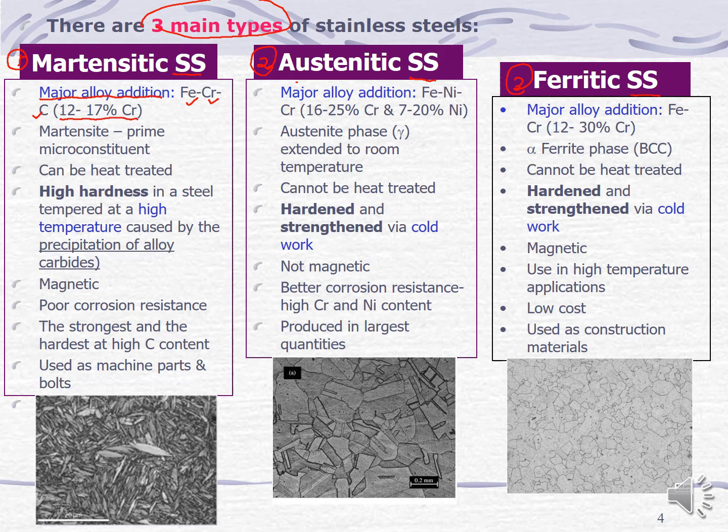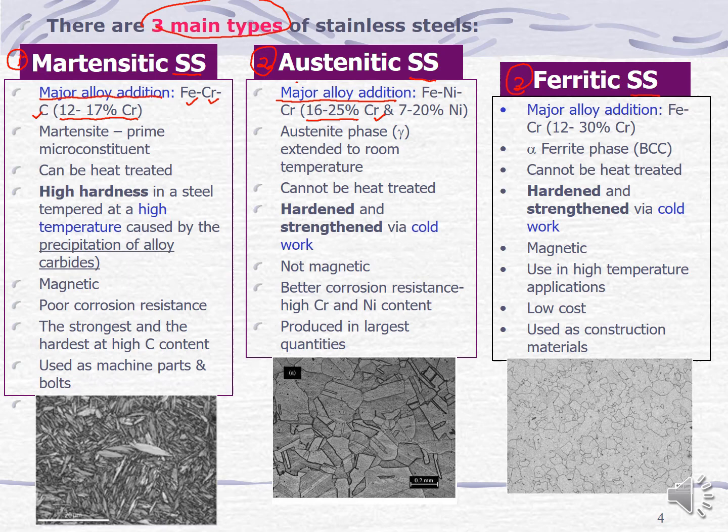And for the austenitic, the major alloy addition is chromium, where you can see here the percent of chromium is 16 to 25%.